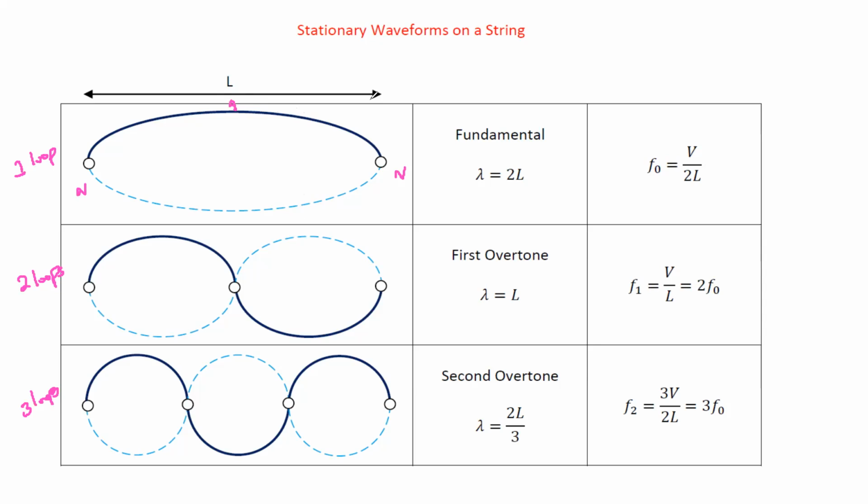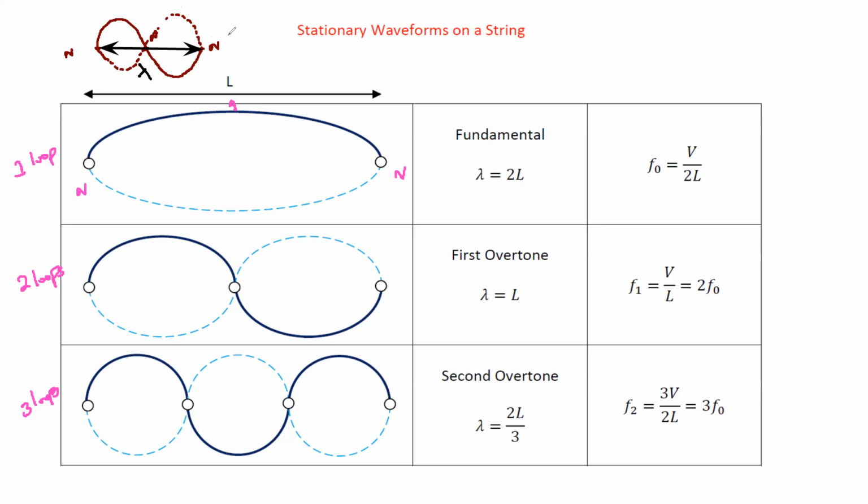What is this distance in terms of wavelength? How do we work out the distance in terms of wavelength? When we have three successive nodes, node, node and node, that distance is known as the wavelength, which is denoted by lambda.